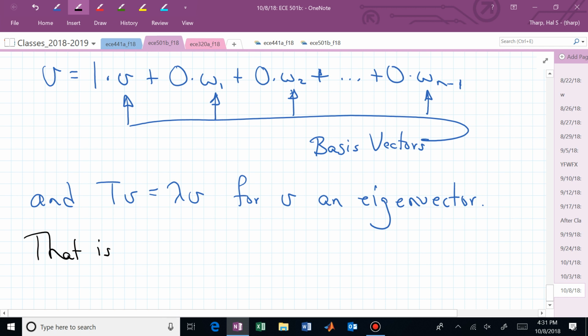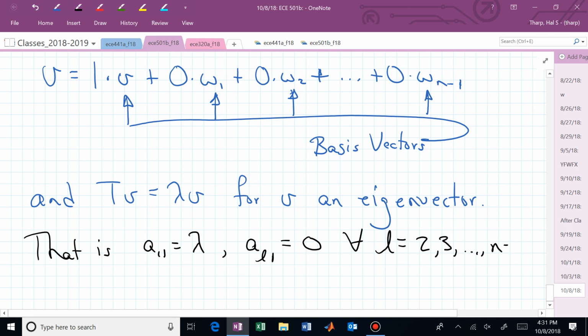In other words, the A11 in our matrix is just lambda, and the A L1's are all equal to 0 for all the other L's, L equal 2, 3, up to n minus 1. Actually n, isn't it, in this case? No. I was using n before, so let me just say n.